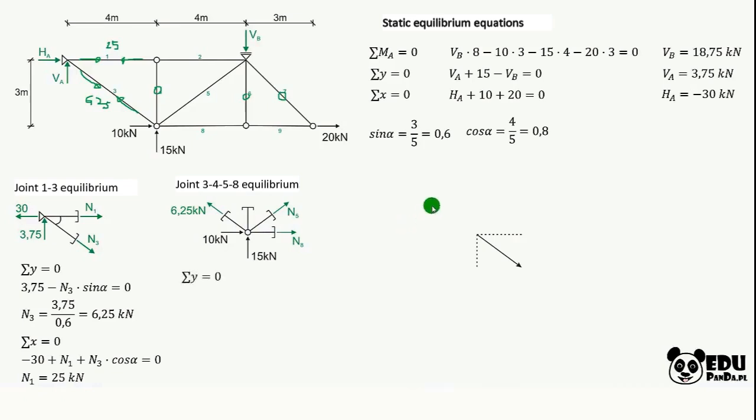Now we will take the sum of projections on the y-axis. So in total, we do not see the reaction N8 and force 10 along the y-axis. So here we have 6.25, and now this angle that I marked earlier. Alpha, it was here, so its sine was 3 to 5. So if alpha is here, it is also here, meaning here.